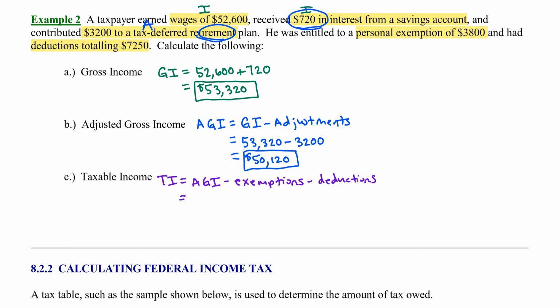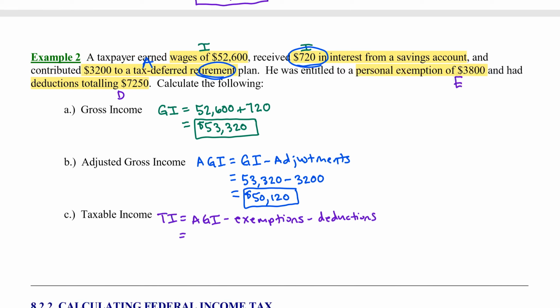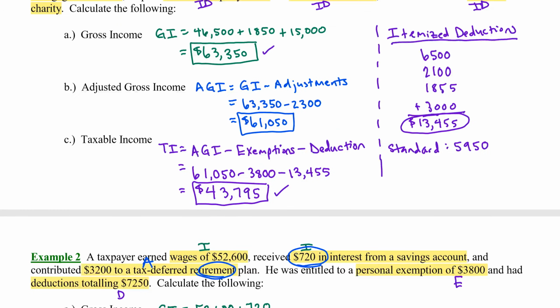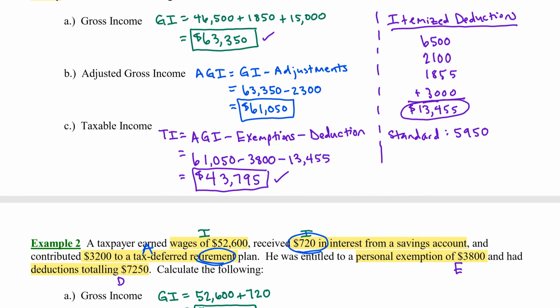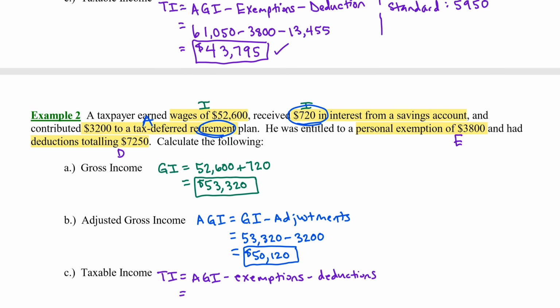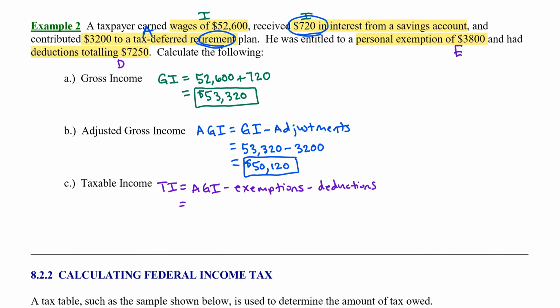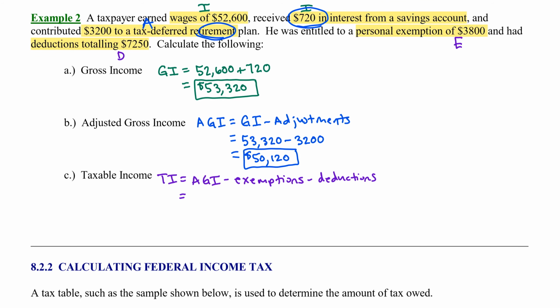So he was entitled to a personal exemption of $3,800, and he had deductions totaling $7,250. Now remember up here, following this as our guide, the standard deduction was $5,950. His itemized deductions exceeded that, so we're going to take the higher of the two.